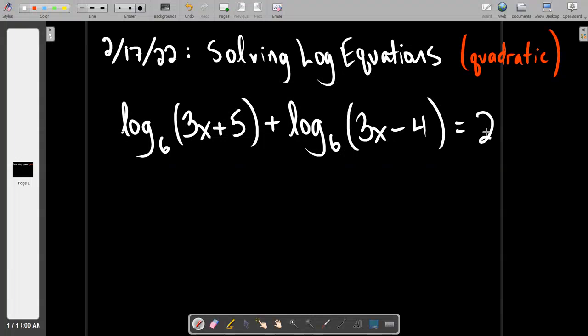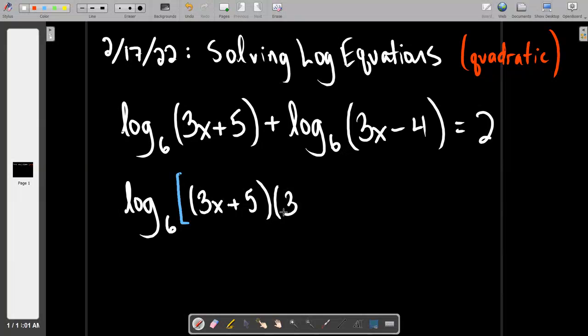The thing we want to do is turn it into one of those this-to-the-this-equals-this equations. You cannot do that until you have a single logarithm equal to a number. So those double logs on the left have to be condensed into one, and this is where the quadratic is going to appear. I'm going to show a little extra work here. This is going to condense into one single logarithm of 3x plus 5 times 3x minus 4.